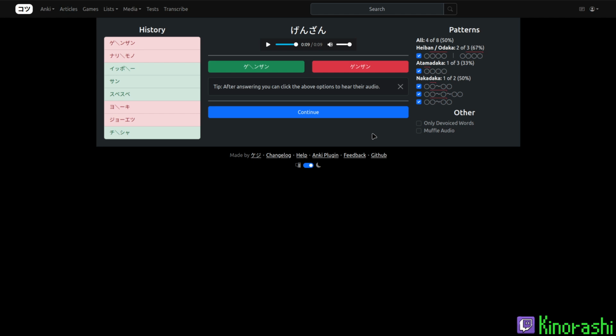So that was high, then followed by a low. Atamadaka. Okay. Ginzan.